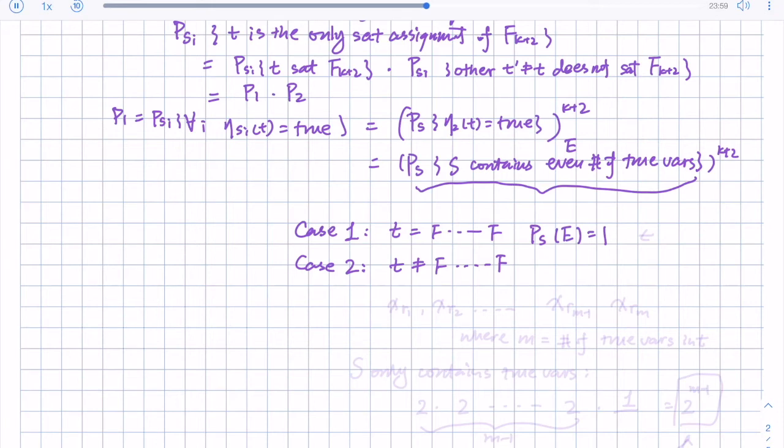Let's first assume that the set S only contains true variables.